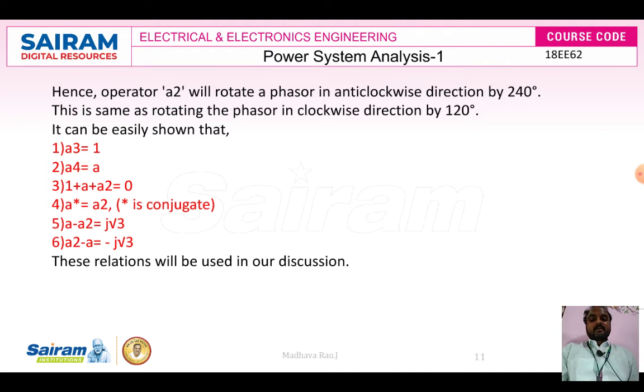Similarly, the conjugate of A, A star, is equal to A square: the imaginary term is plus in A, so in the conjugate it becomes minus. Also, A minus A square is equal to j root 3, and A square minus A is equal to minus j root 3. We will use these relations in further problems.